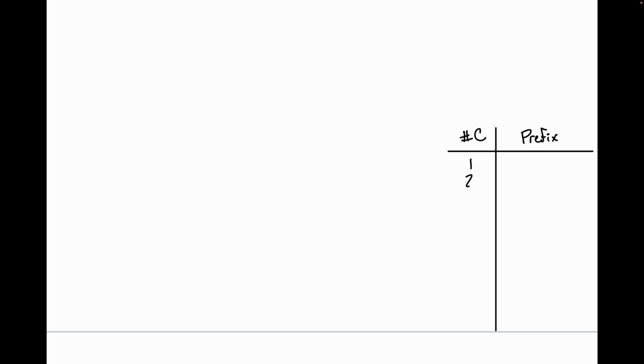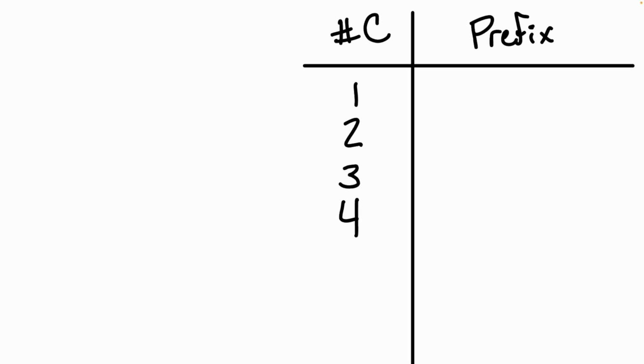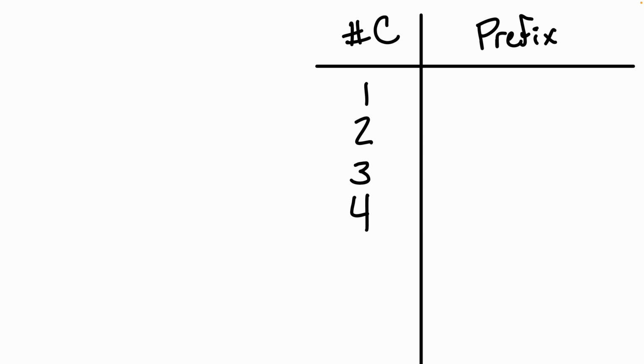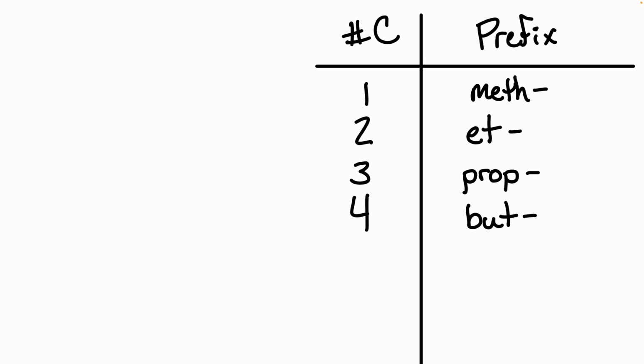I think the first 4 are kind of the toughest because they're very unique to chemistry. A 1 carbon has the prefix meth, such as methane or methanol, tells you that there's 1 carbon in there. 2 is eth. 3 is prop. And 4 is but. All right. Those 4 are kind of the hardest to remember.